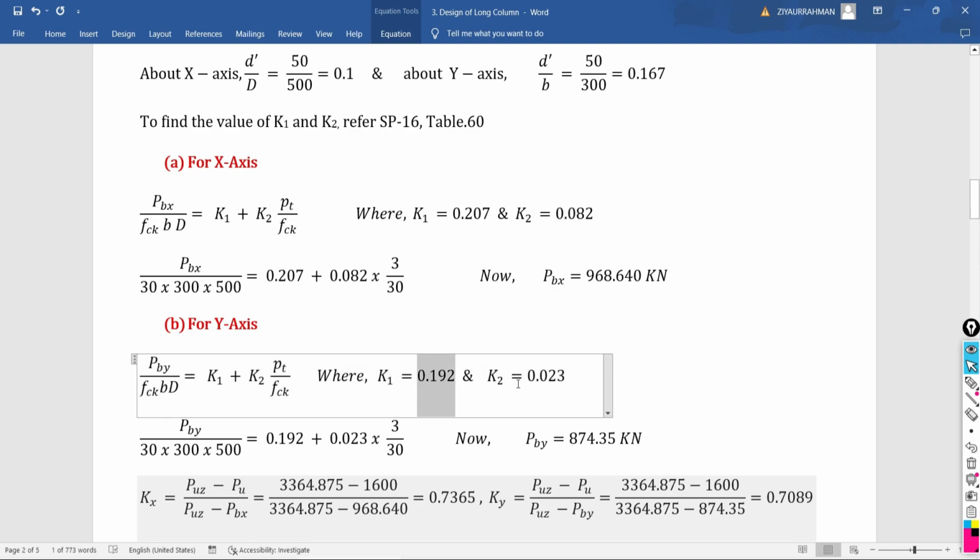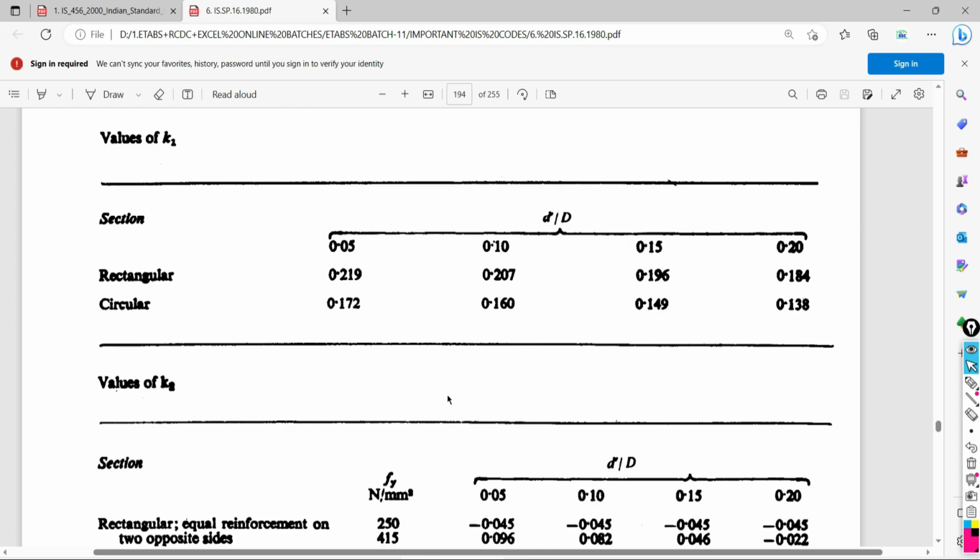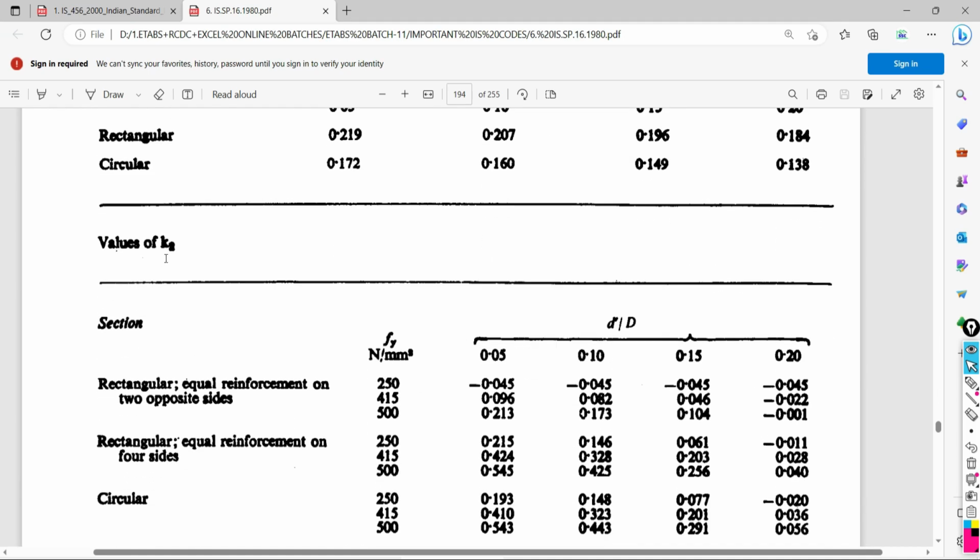Likewise, we have to do the calculation for K2. When you see SP16 table number 60, again for the K2 we are getting the value in between 0.15 and 0.2. This will be the range, for rectangular section, equal reinforcement on two opposite sides, for 415. We have to do the interpolation between these two values.